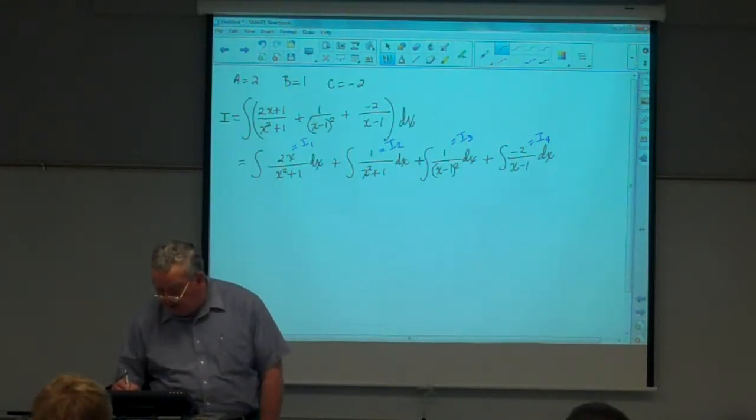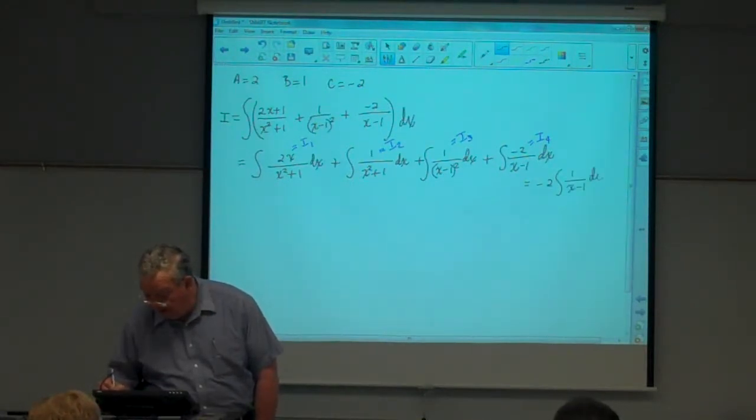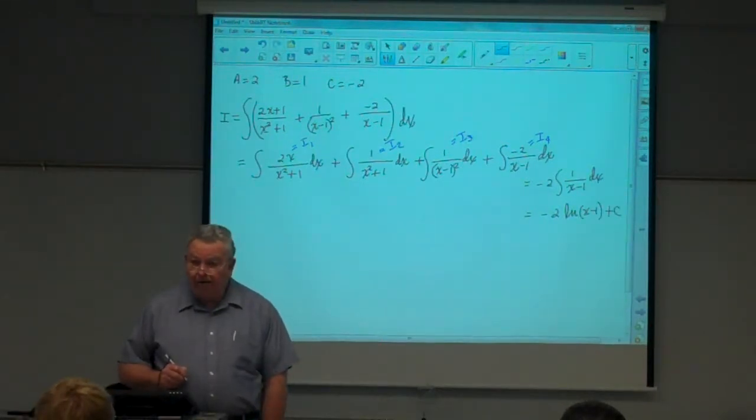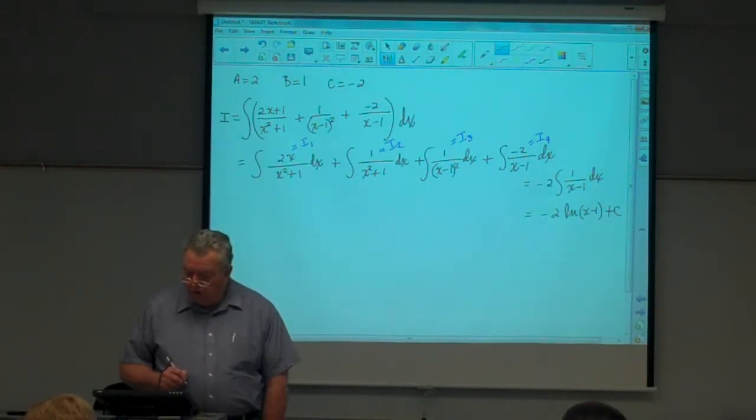Suppose you take this one and you say that this is equal to minus 2 times the integral of 1 over x minus 1 dx, which is equal to minus 2 log x minus 1 plus c. If you do that, I'm going to stop grading, count the whole thing wrong, and move on. You want the I's in front at least. No, I want 4 separate integrals.